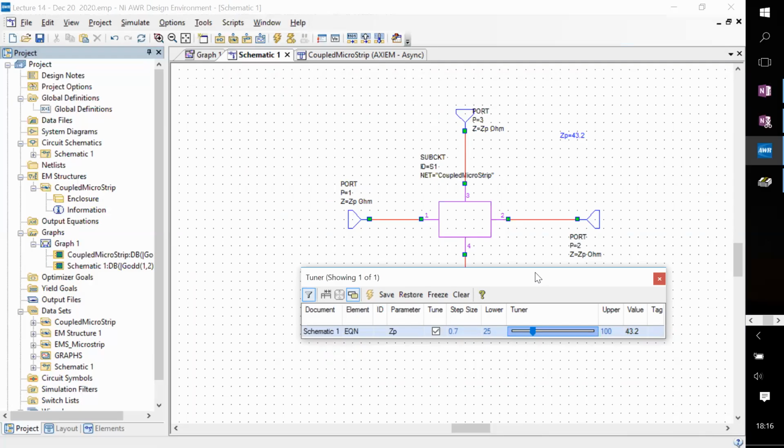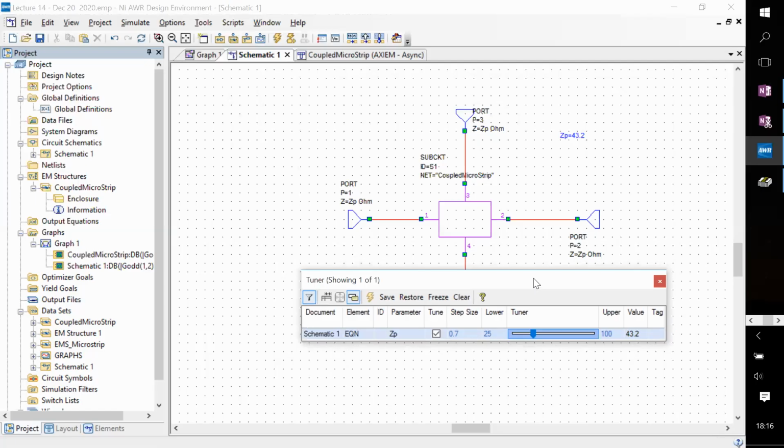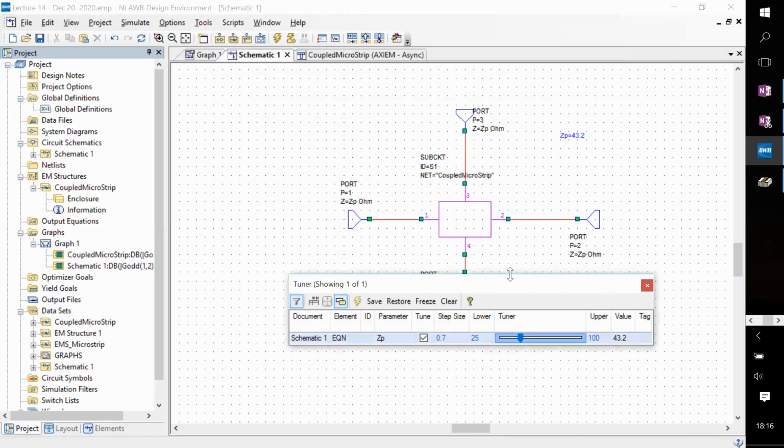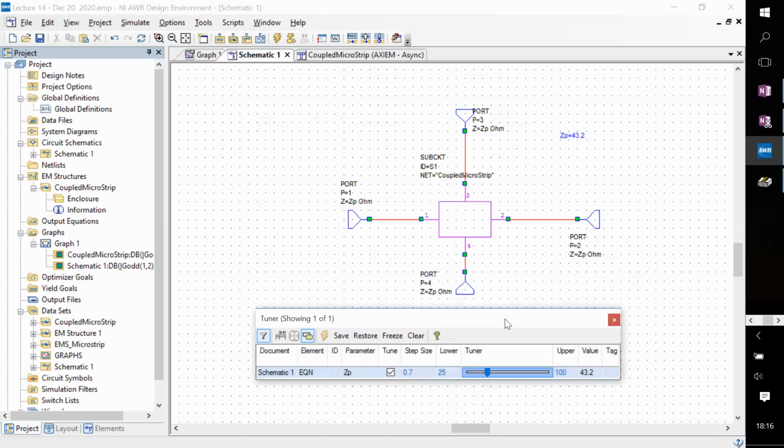Even though the particular device we are going to use, with this coupled microstrip, these issues don't exist because the ports are all 50 ohms anyway. But for that, a special choice of odd mode and even mode impedances has to be made, so that you don't get too many reflections. That's the part you have to explore from the book.